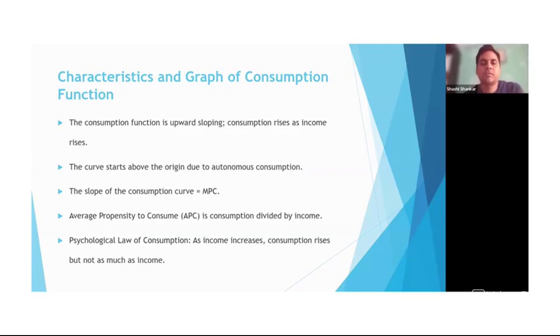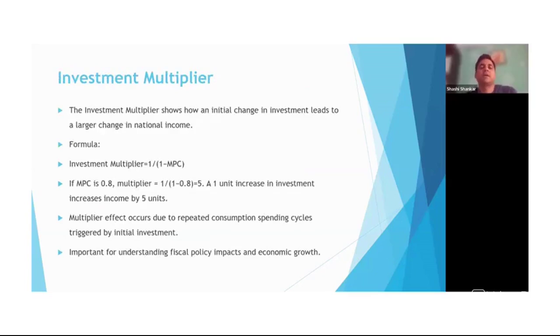All right. Moving to the next, the investment multiplier. The investment multiplier shows how an initial change in the investment level leads to a larger change in national income. The initial change in investment leads to a larger change in national income.